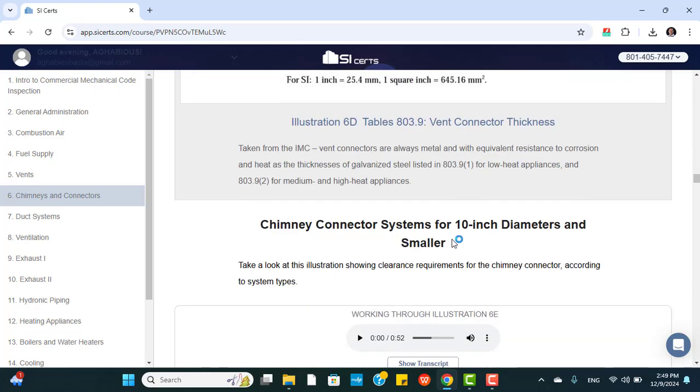Chimney connector systems for 10-inch diameter and smaller: take a look at this illustration showing clearance requirements for chimney connectors according to the system.